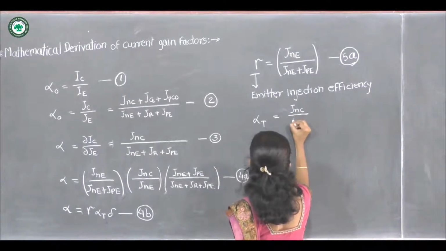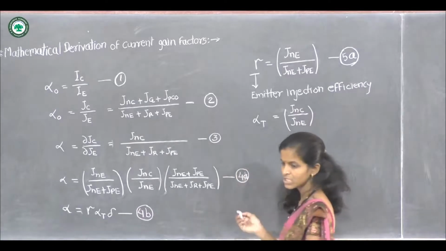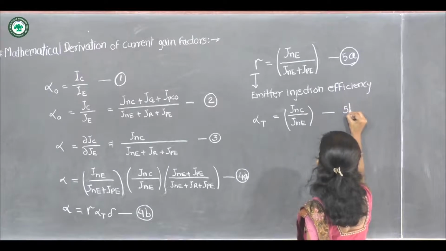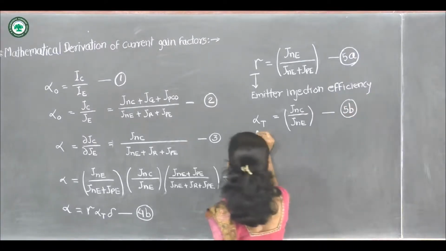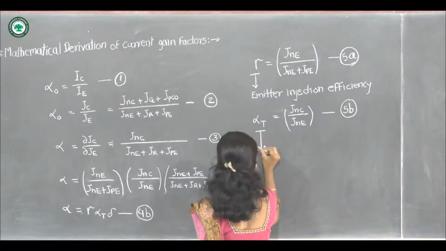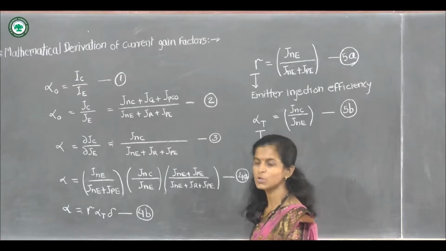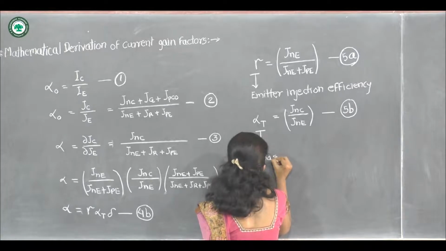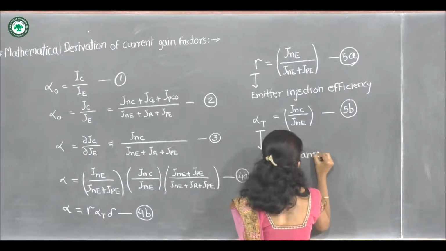This is equation number 5b, and this factor alpha T is known as the base transport factor.